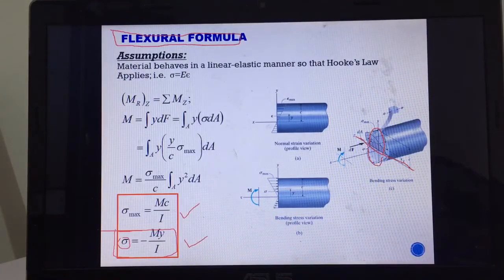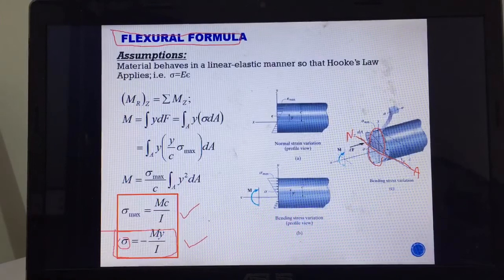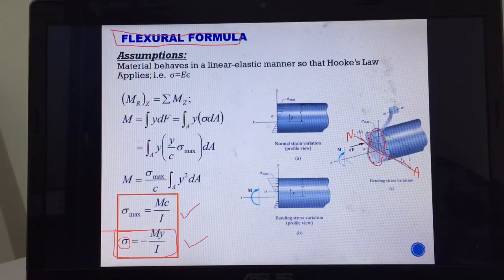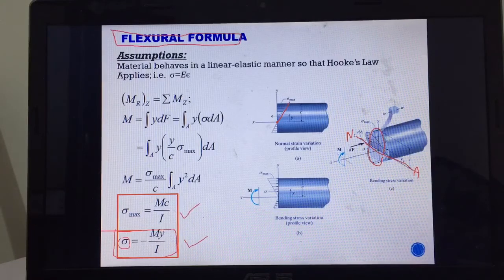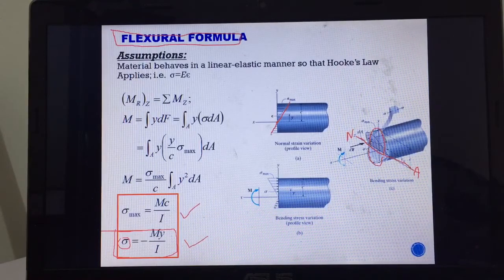At y equals 0 on the neutral axis, your bending stress will be 0, and it will increase linearly until it reaches the maximum at the top surface, or increases until it reaches the maximum at the bottom surface.